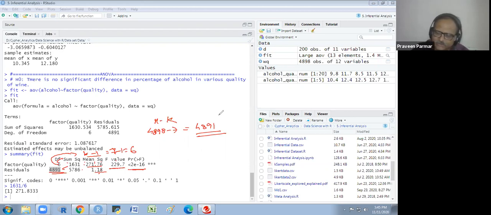So it says there is a significant difference in the various qualities of wine. The p-value is less than 0.05, so our null hypothesis is rejected and the alternate hypothesis is accepted. The null hypothesis was that there is no significant difference in the percentage of alcohol in the various qualities of wine, and this has been rejected. So there is a significant difference. Does it make sense to everyone?